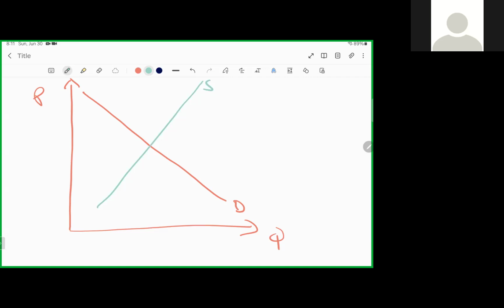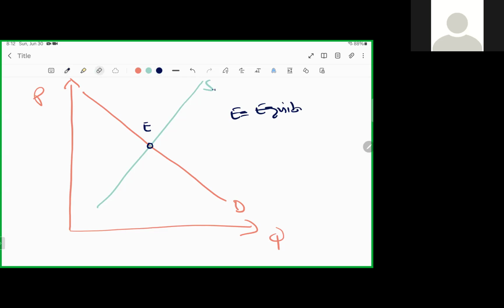You realize that there is a meeting point between demand and supply. And at that particular point, demanders or individuals are happy, and suppliers or firms are also happy. This particular point that we are looking at, E, is called the equilibrium point.